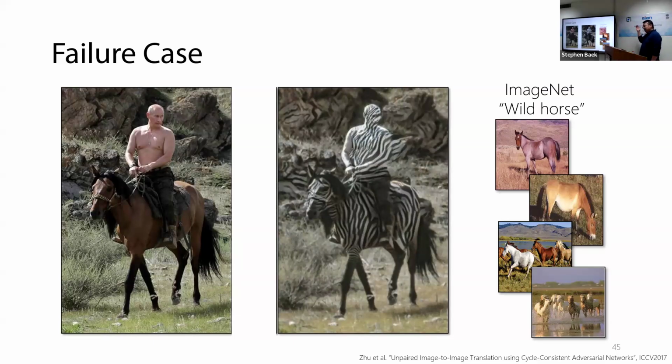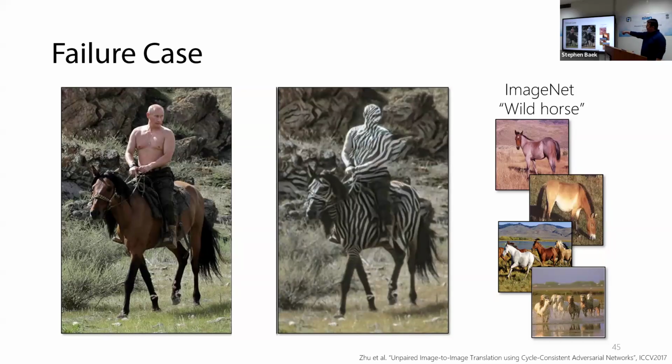There's a class named Wild Horse, and also a class named Zebra, and you can extract lots of images of zebra and lots of images of wild horse, and then train cycle GAN to make the conversion between the horse and zebra.